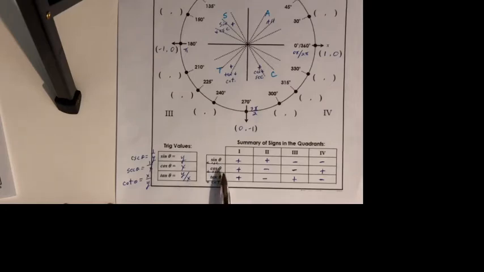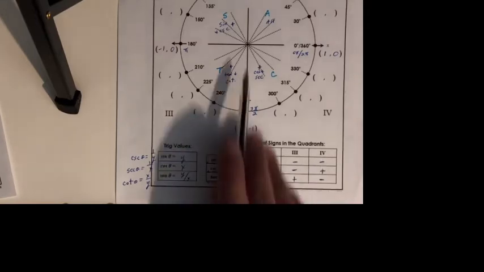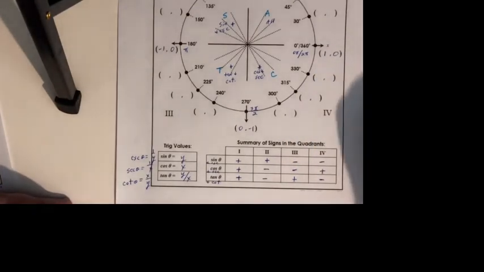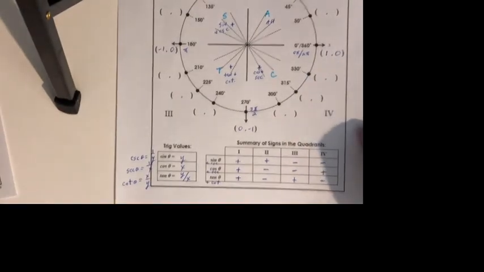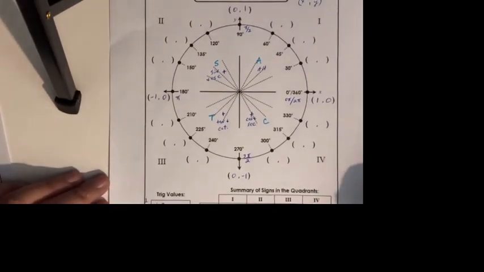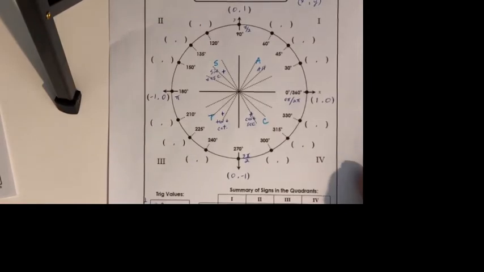And then you have the signs, positive and negative, related to depending on what quadrant it's in, okay? So if you need to pause that so you can copy it, you're going to have a blank copy available to you in Google Classroom, okay?